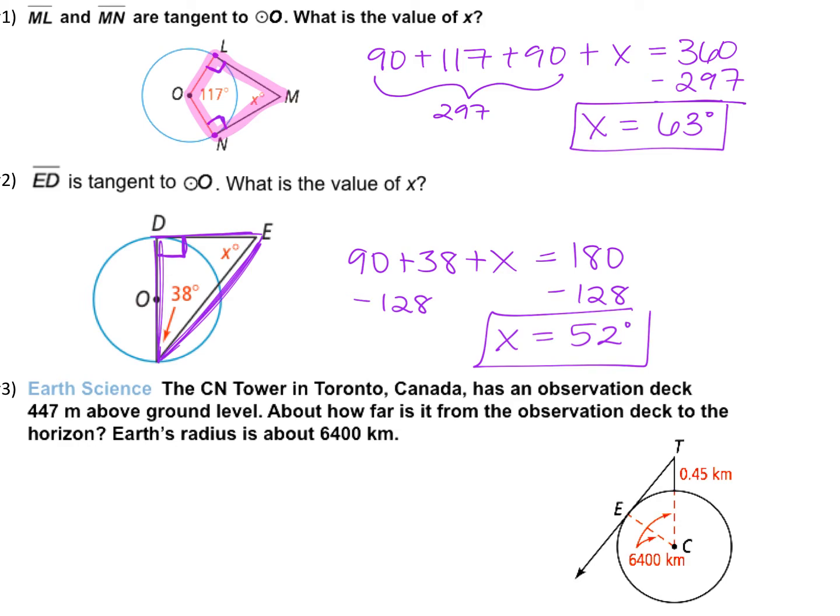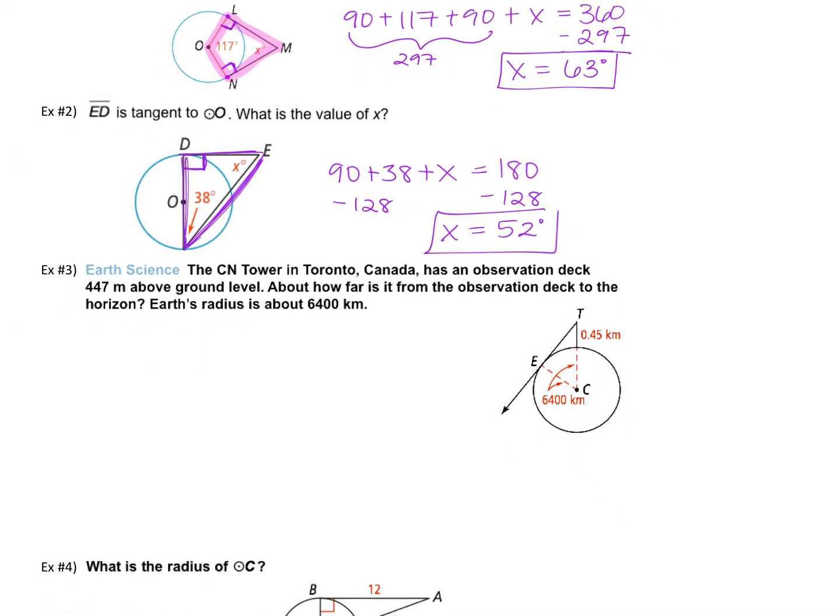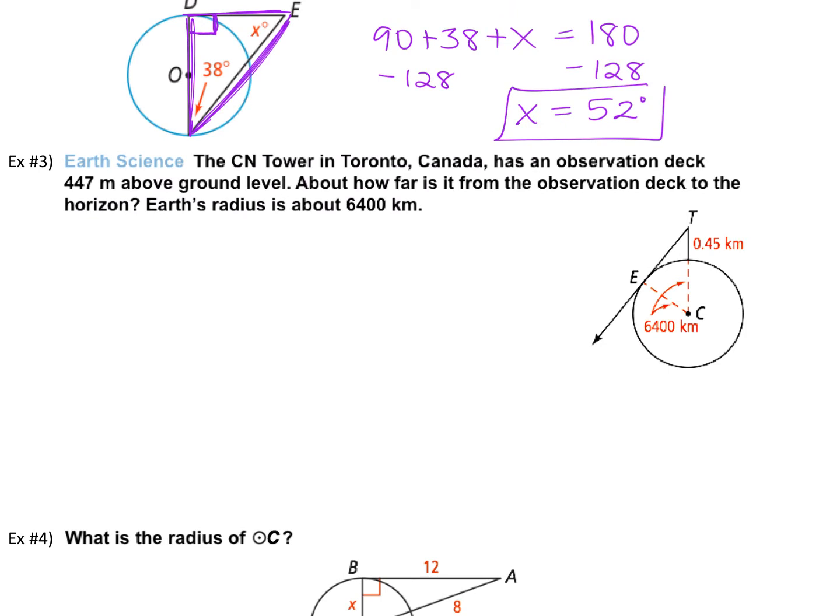Now this next one doesn't deal with angle measures anymore. Same idea, but you do it differently because we're now dealing with side lengths instead. So here's the deal. You have this CN Tower in Toronto, Canada, that has an observation deck 447 meters above ground level. About how far is it from the observation deck to the horizon?